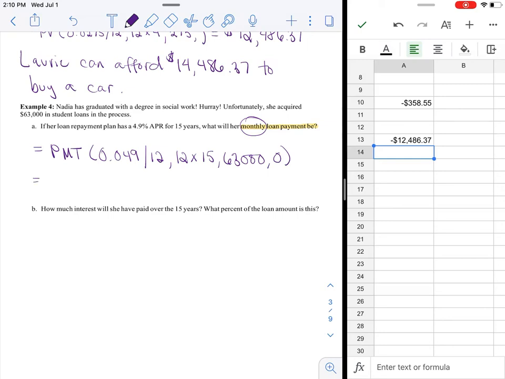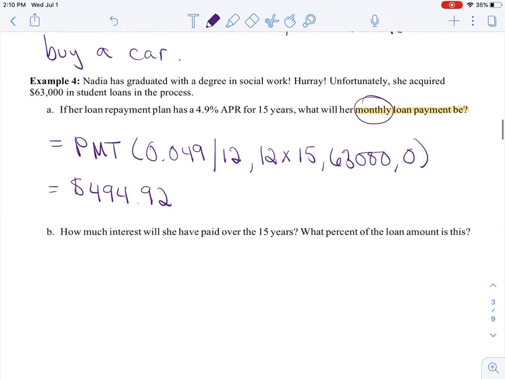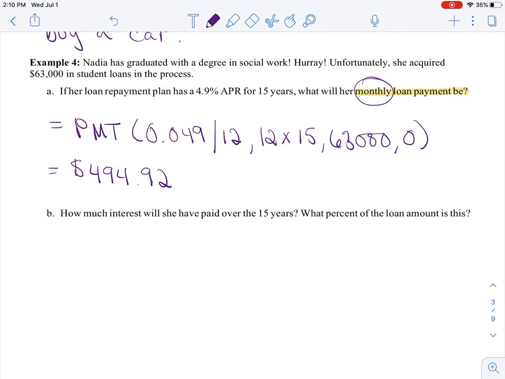If you go ahead and do that in Google Sheets or Excel, we end up getting $494.92. I'm going to go ahead and get rid of that. Okay, how much interest will she have paid over the 15 years? So let's say interest.